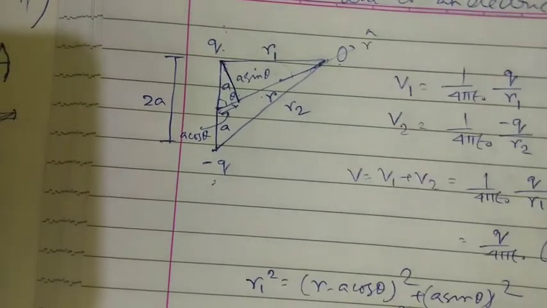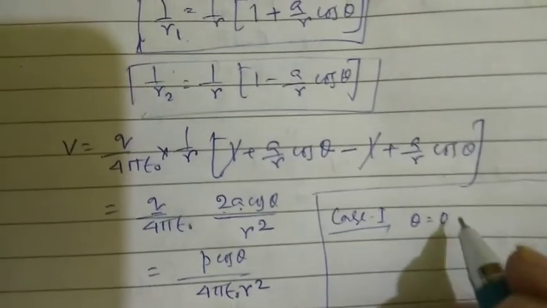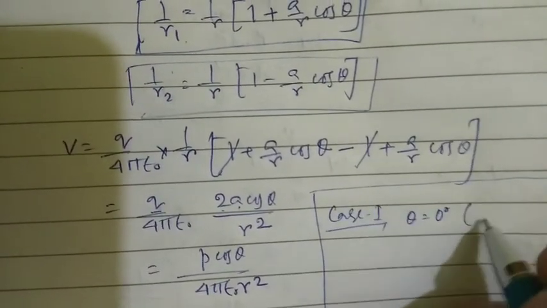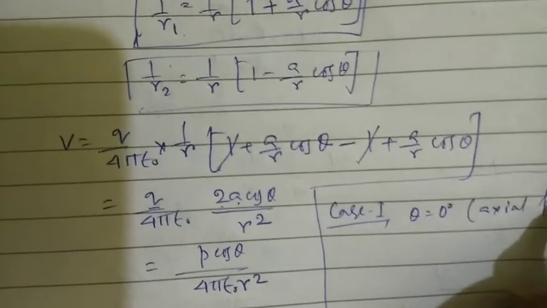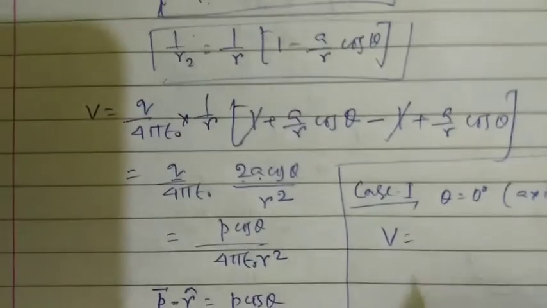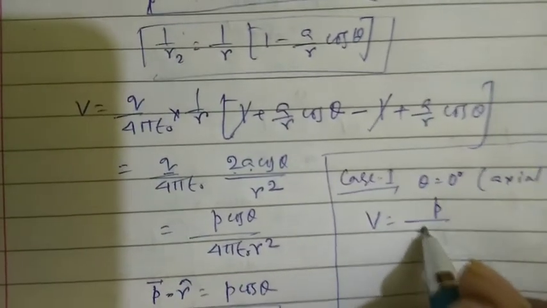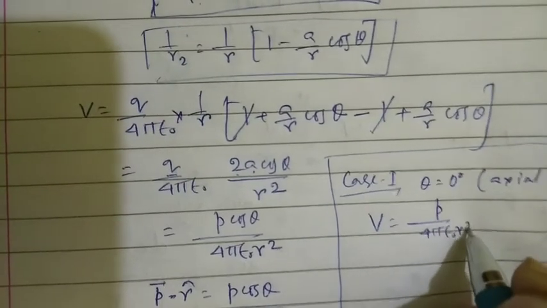So for those two cases, say theta equals 0, that is an axial point. In that case, potential will be, just put cos theta equals 1, so P by 4 pi epsilon naught R square. If it is 180, then there will be a minus sign.